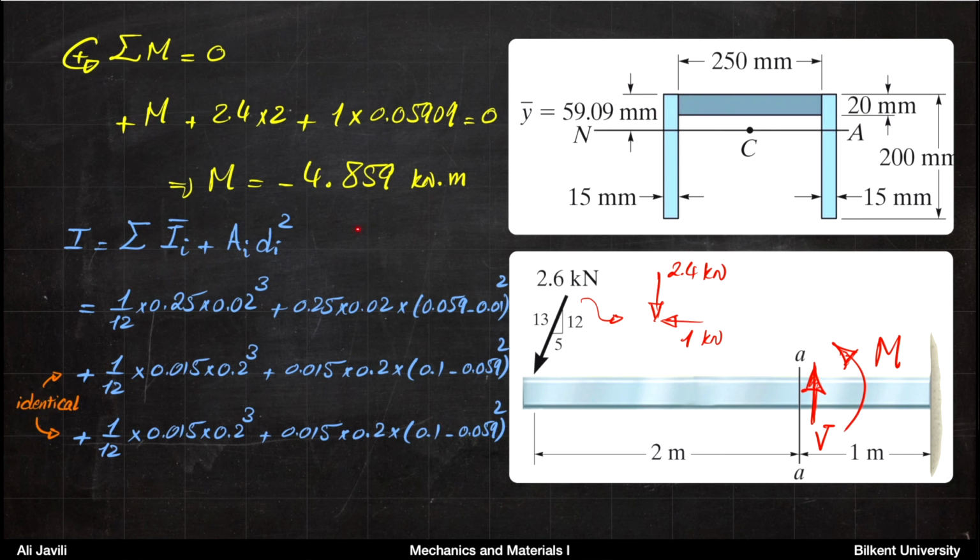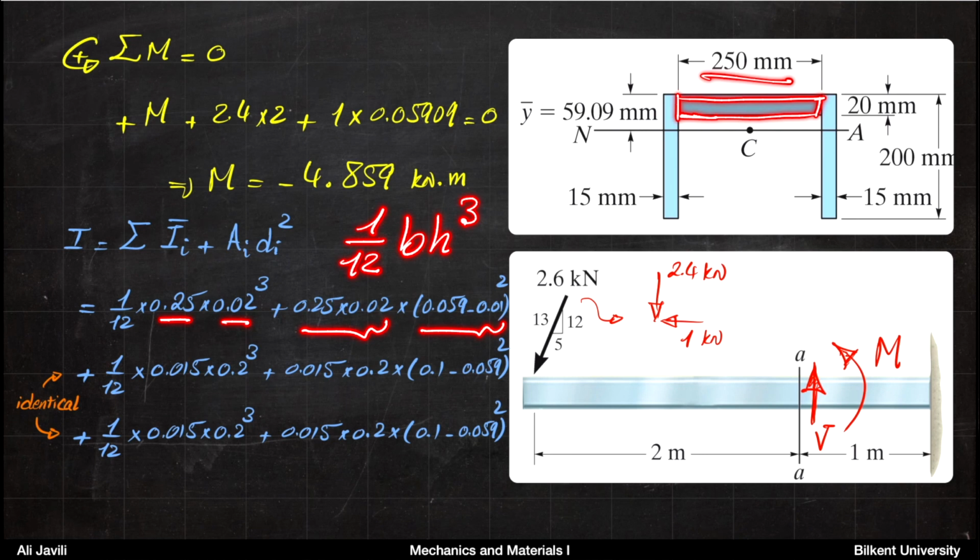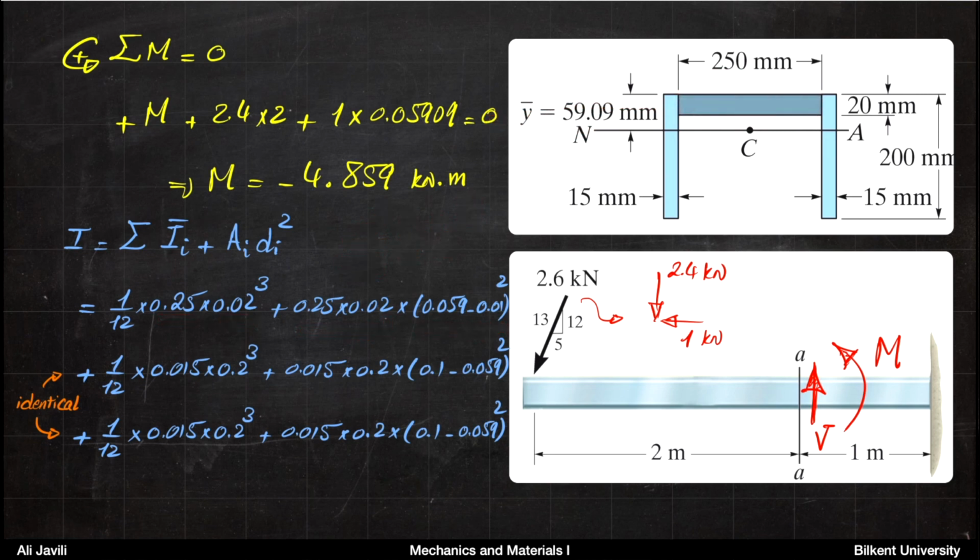So as you can see, again, we follow the formula 1 over 12 bh cubed. For this part, b is 250 millimeters, h is 0.02, and then the area is here times the distance of the neutral axis of the section from the neutral axis of the whole section. And then for each part on the side, you would again have 1 over 12 bh cubed.